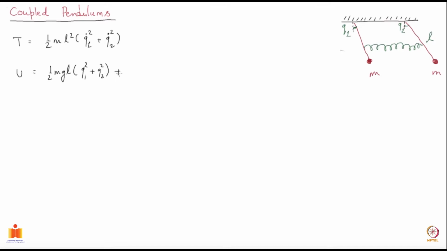And then the other piece comes from the spring, because the spring is getting stretched, and that gives a contribution of half k x square, that's the same thing here. So you get half k, where k is the spring constant, L square times q1 minus q2, or I can write q2 minus q1, it doesn't matter, squared.